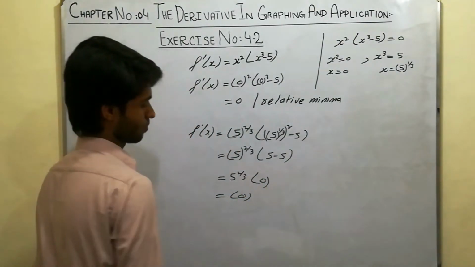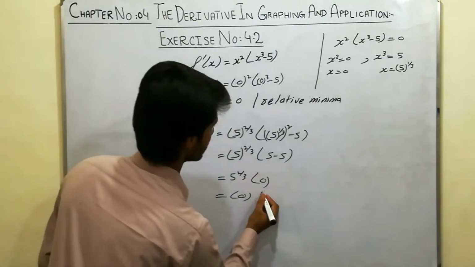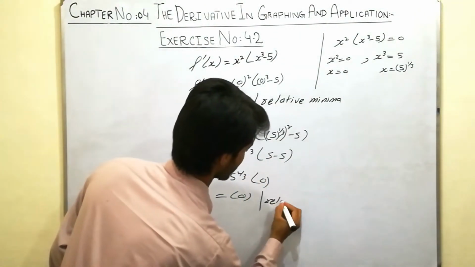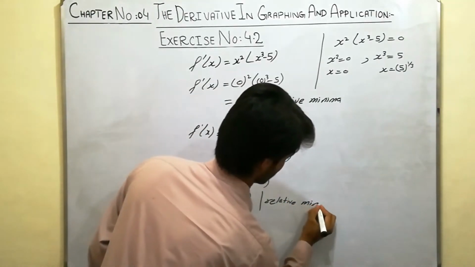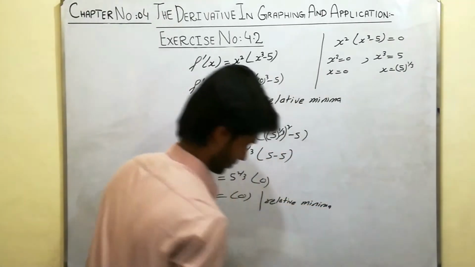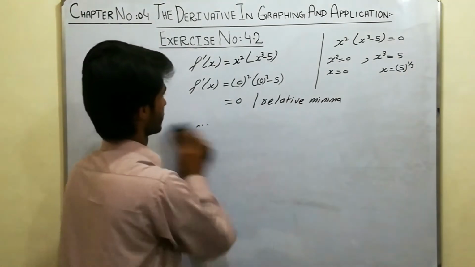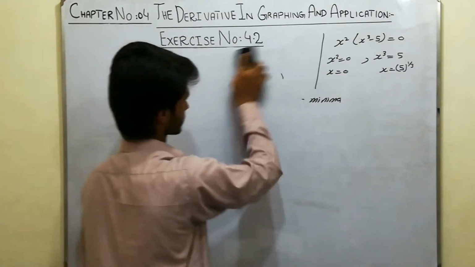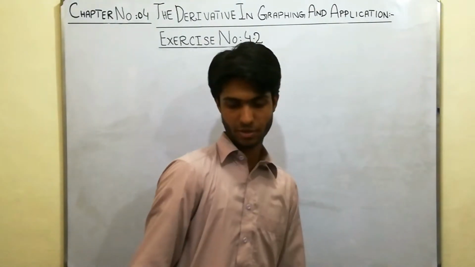When we put x is equal to 5 to the power 1 by 3, we also have a positive value, so it is also a relative minima. This is the first derivative test.